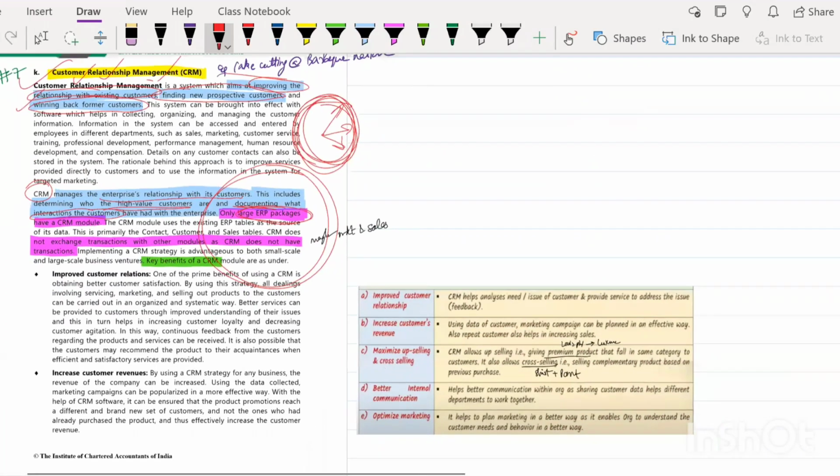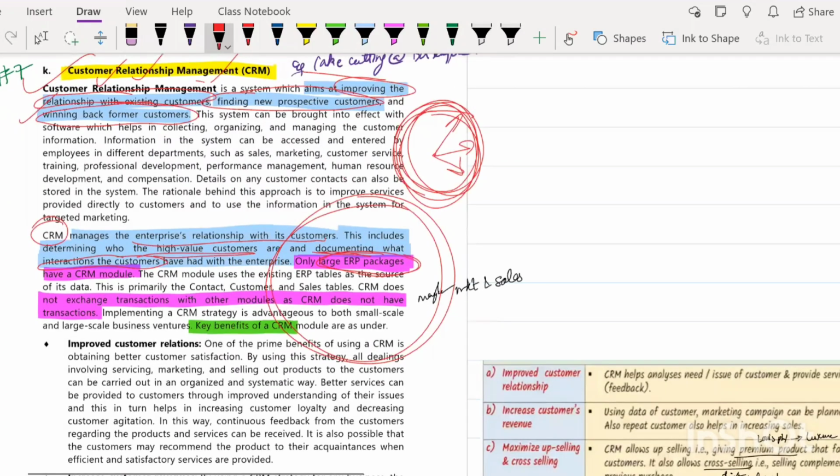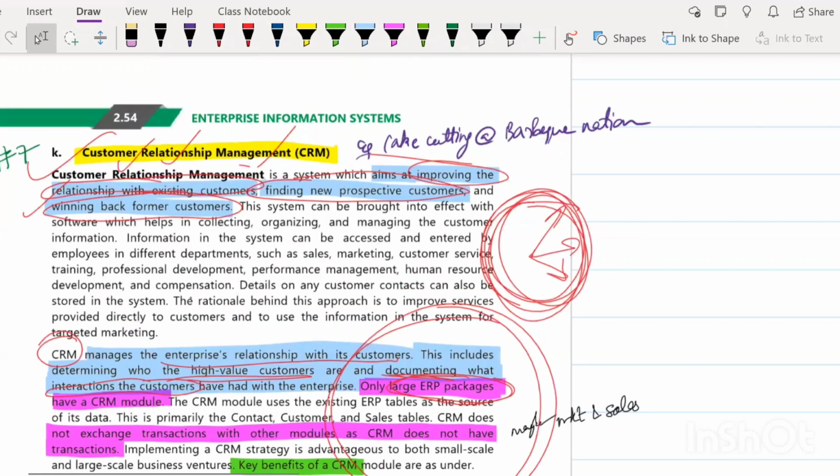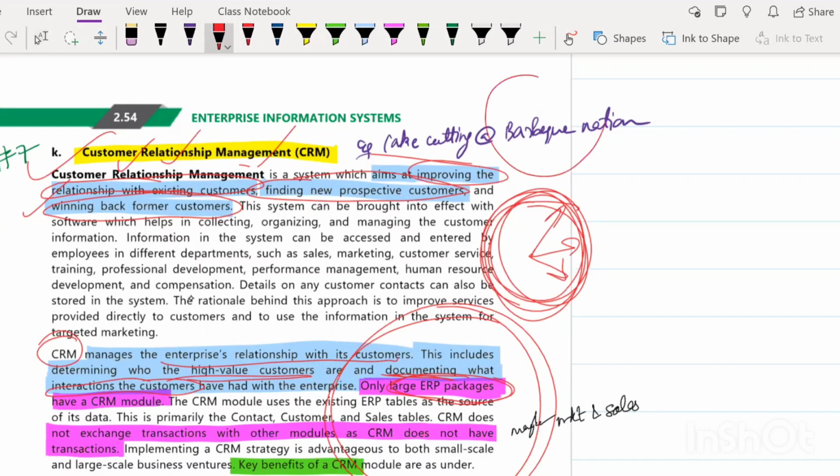Okay. So now that you've got a brief understanding of what customer relationship management is, one example I have written here. If you have been to Barbecue Nation already, you would know that there is a practice where if you go with a gang of friends and one of the persons has a birthday on that date, if you go and inform the management of Barbecue Nation, they will arrange a cake cutting session for you.